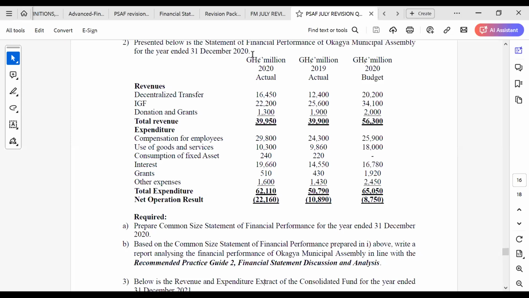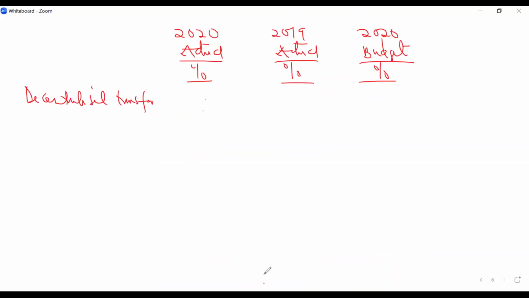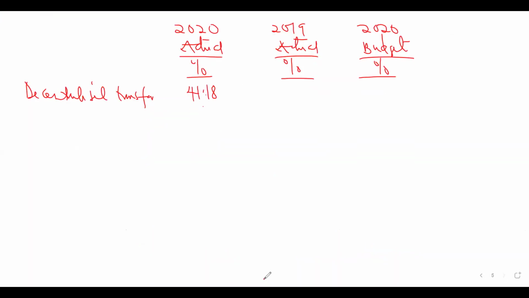Our common size basis will now be total revenue. So how do you find the first one? The central transfer will be 16,450 divided by the total revenue figure, 39,950, multiplied by 100. What are we getting for the first one? 41.18. Let's go to 2019.